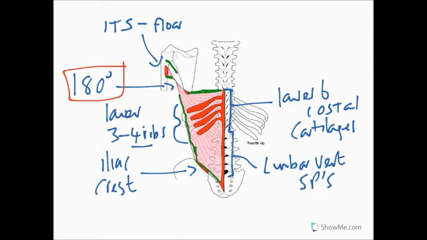And there we can see the overall attachments of the lat dorsi to the humerus at the intertubercular sulcus, and hopefully you can see how it takes part in some important movements. You can see how it would involve itself in extension.